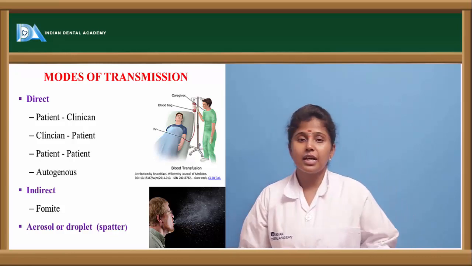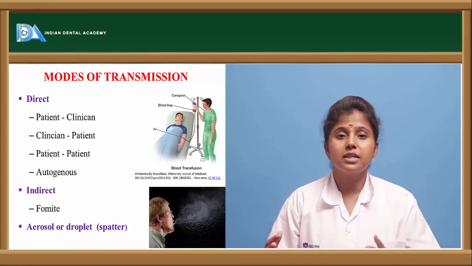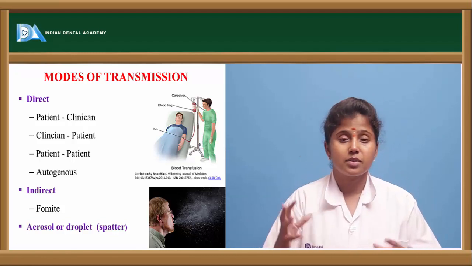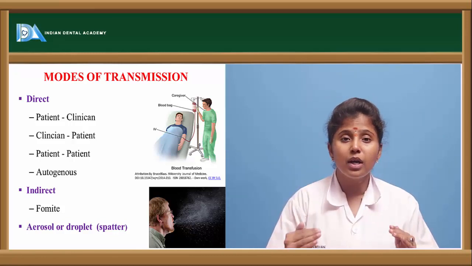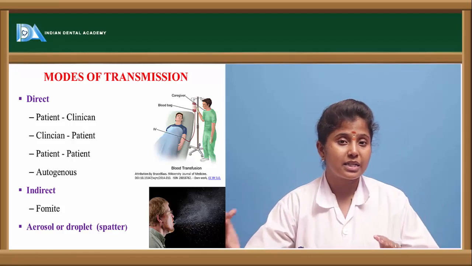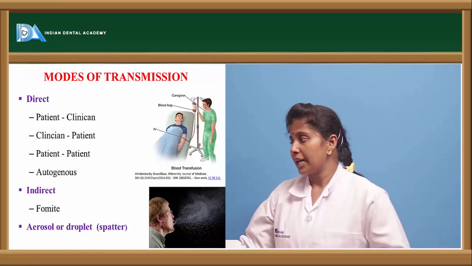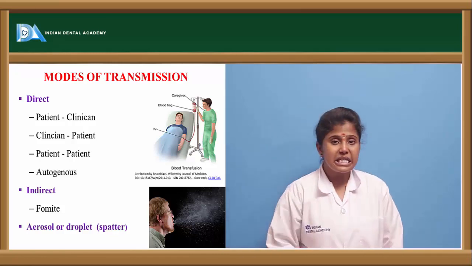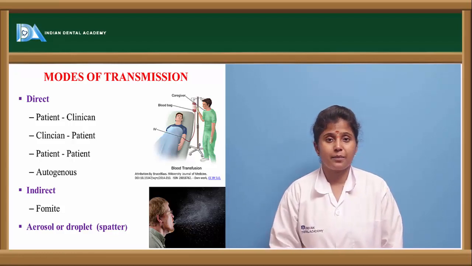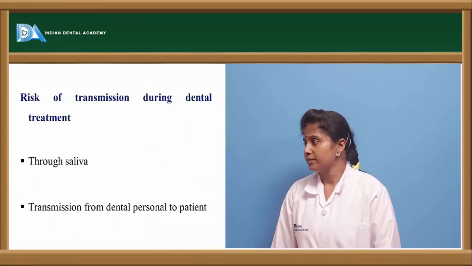Or else we can say a fomite is a substance which is able to carry the microorganism, and thereby it is spread. And aerosol or droplet: when we sneeze or cough, through those droplets the microorganism comes out.